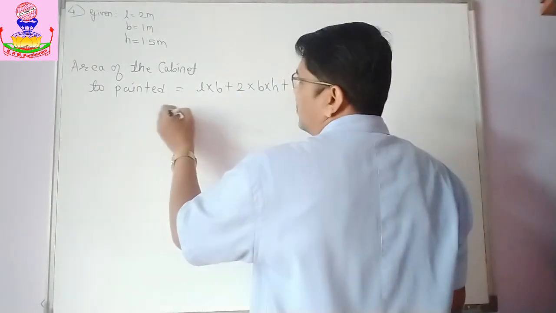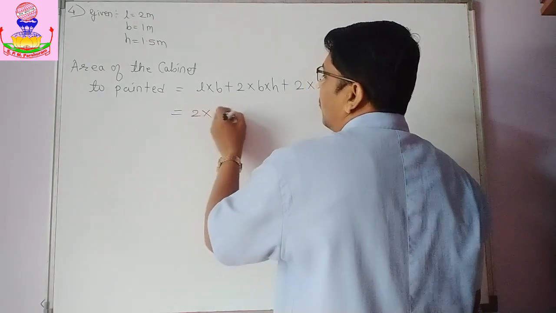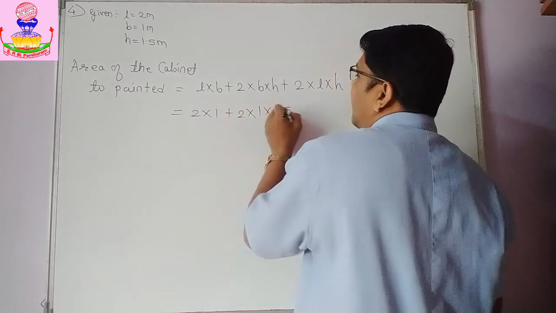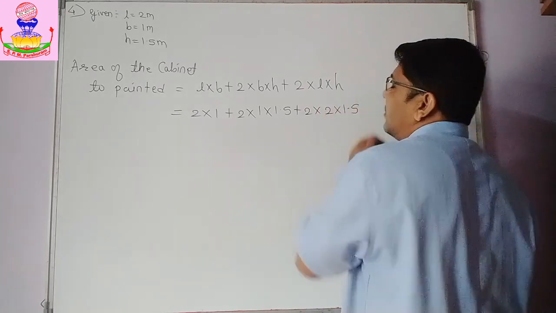Now, do I know the length? Yes, length is 2, breadth is 1. So 2 into 1, height is 1.5, plus 2 into length is 2, height is 1.5.